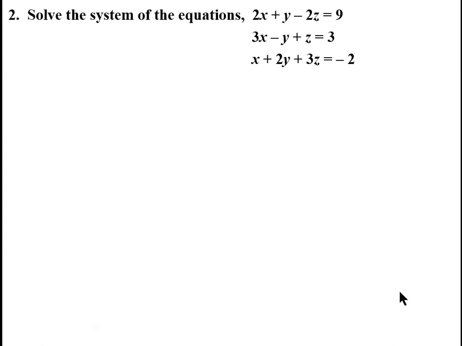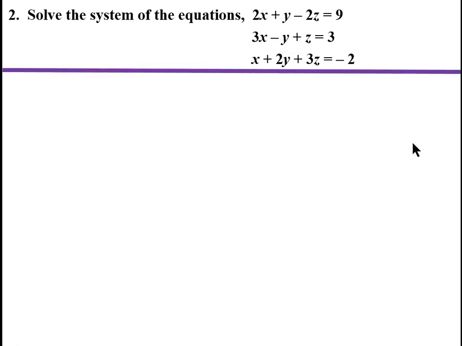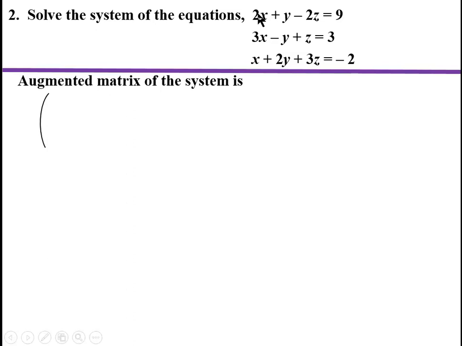In the second problem again, we are going to form the augmented matrix. Forming the augmented matrix, we collect the coefficients of the variables and the constant. So the first row is the collection of coefficients of the variables in equation 1.